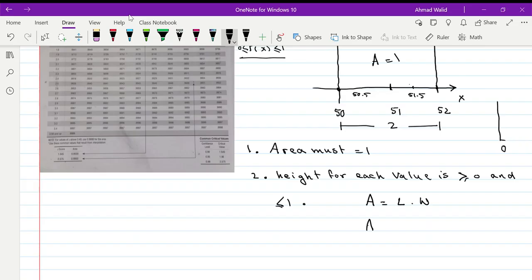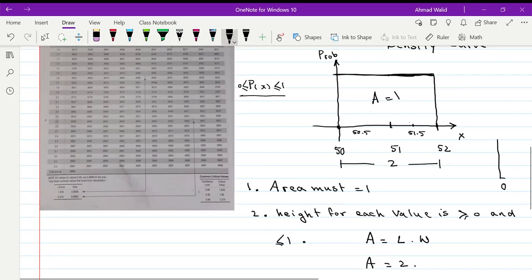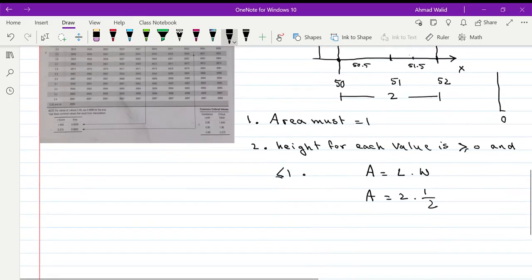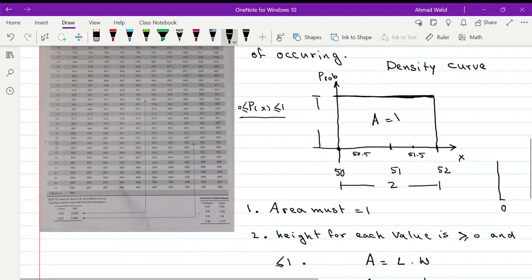My length is 2, so how much should my height be, multiplied with 2, to give me 1? Of course, it's 1/2, right? If I multiply 2 with 1/2, the 2's cancel out and it gives me 1, correct? It means the probability is always 1/2 for all these values.